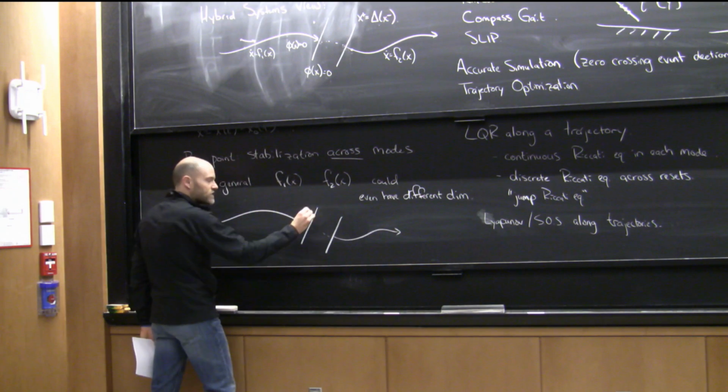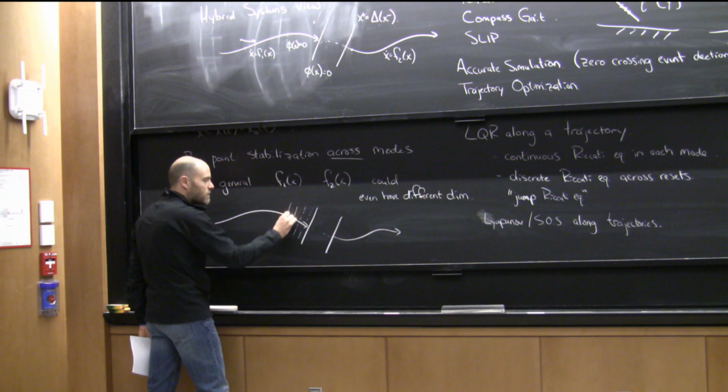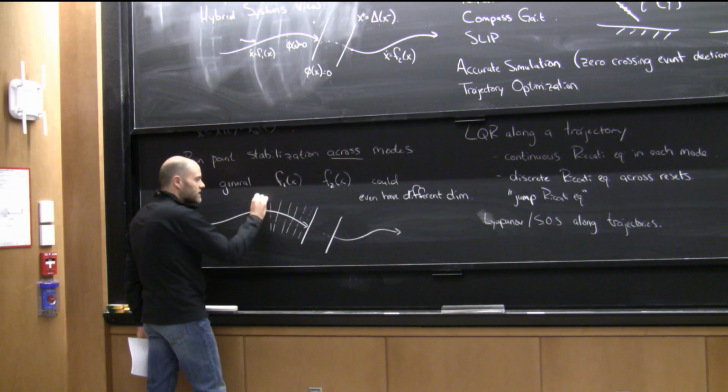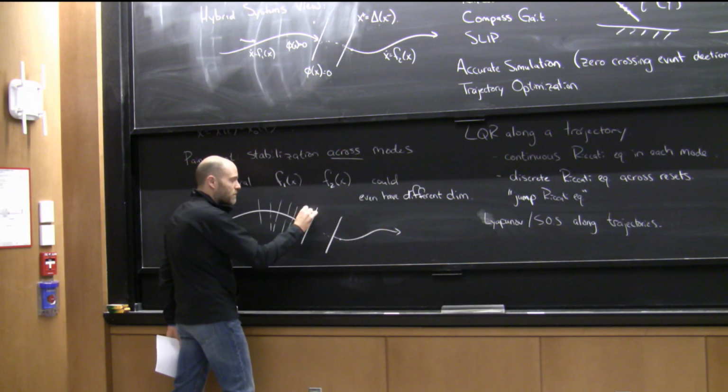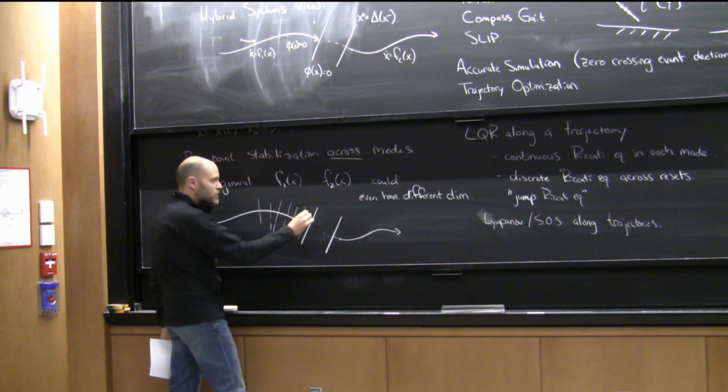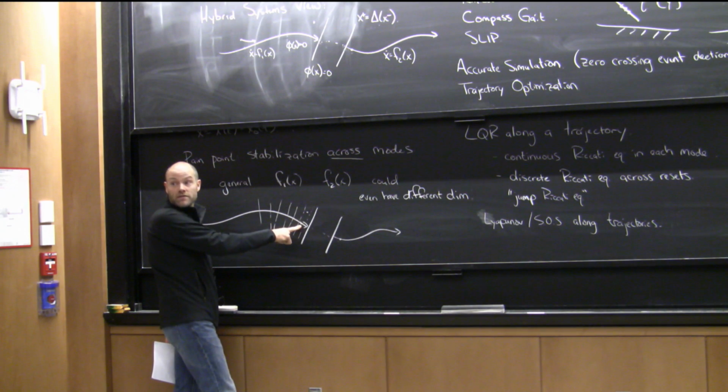If I'm going to try to do stabilization, I can come up with at least a mapping that says, even if my nominal trajectory was over here and my point was here, it's okay to project and act like the controller here.